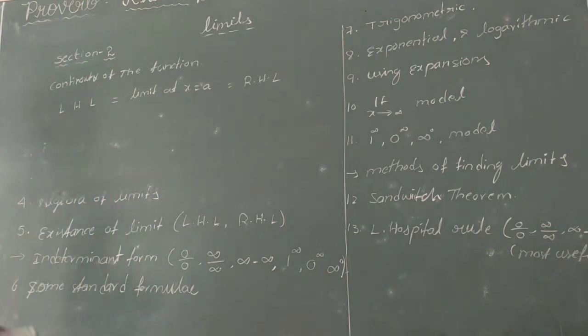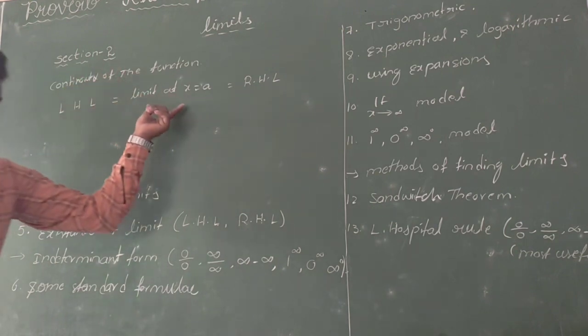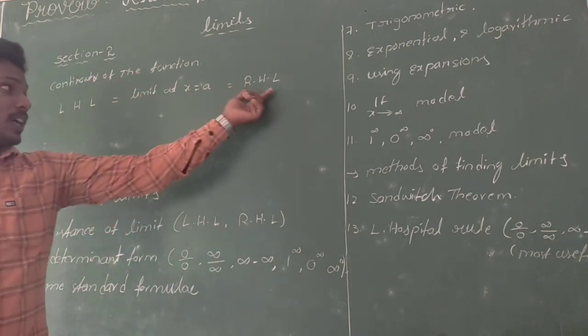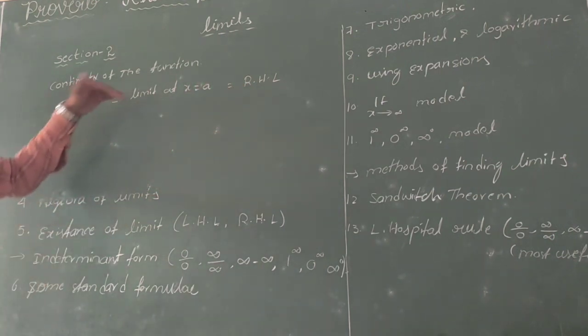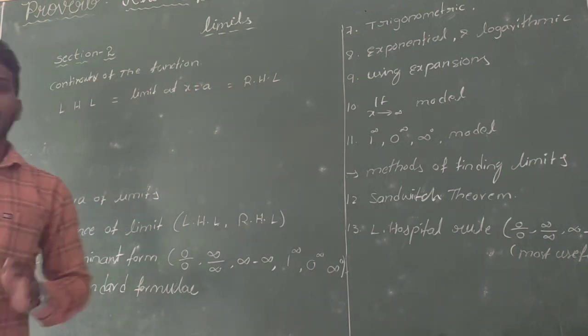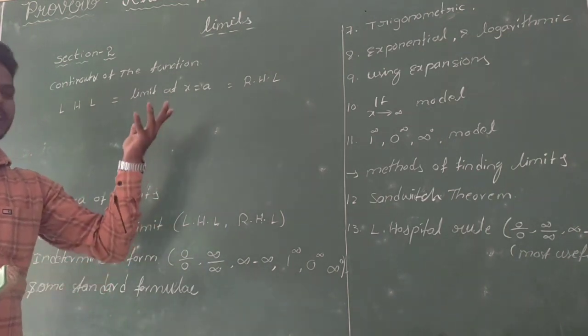If these three become equal, the left limit of the function at the point, the limit at the point, and the right limit of the function, then we can say the function is continuous on the given interval.